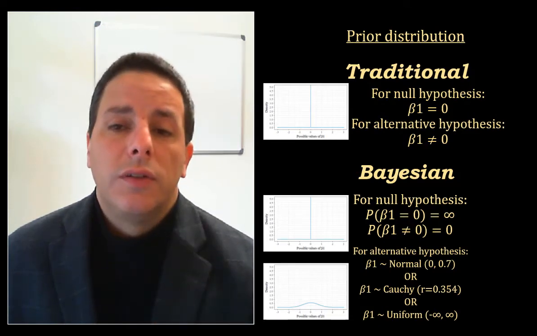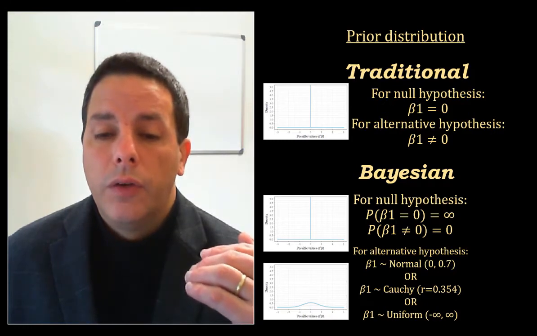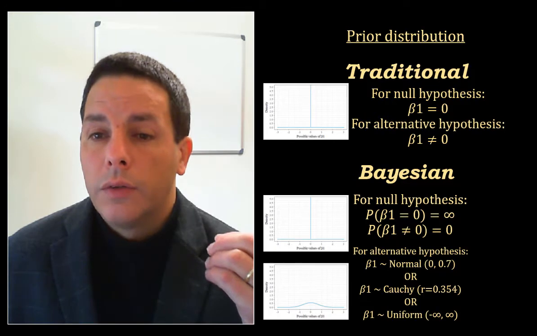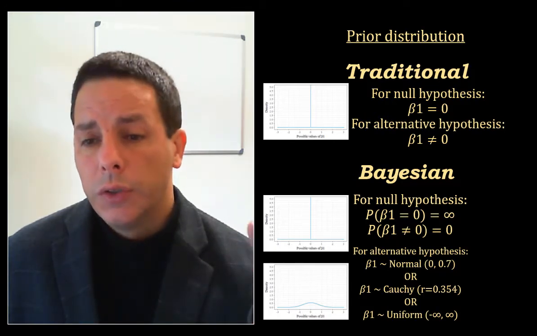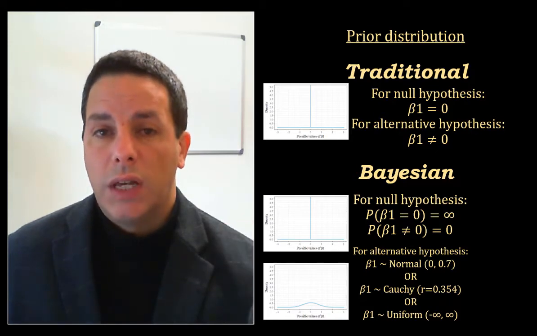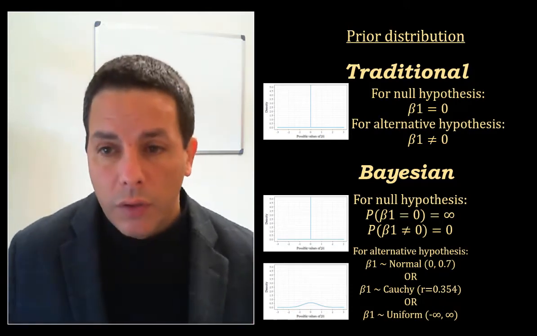Critics of Bayesian statistics criticize the use of priors. They say the prior is subjective, so you can come up with any prior you want, and then you get the result you want because the prior influences the result you get.